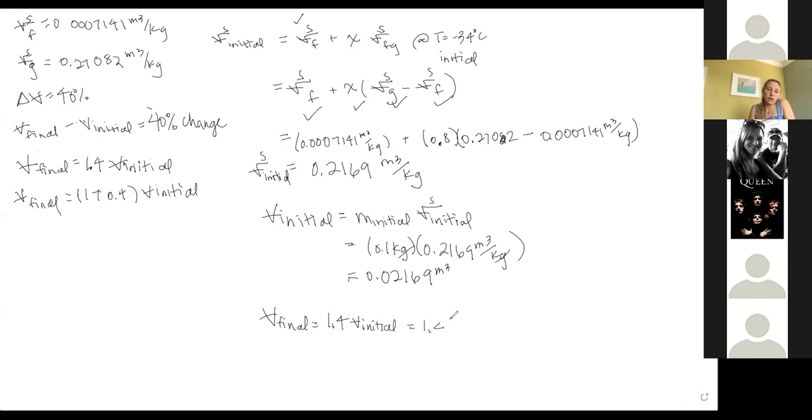So 1.4 times 0.02169 cubic meter is equal to... Like I said, I do this all on my iPhone calculator, so there might be some minor mistakes.